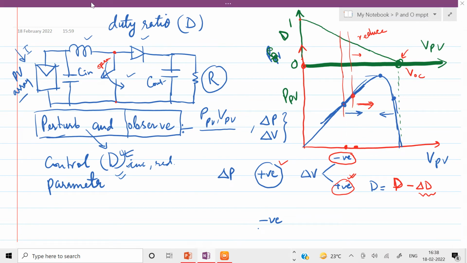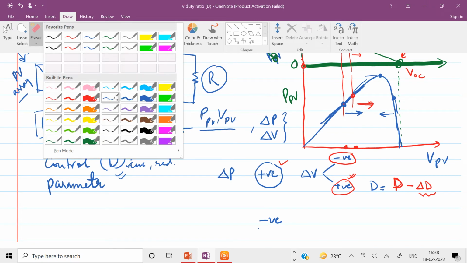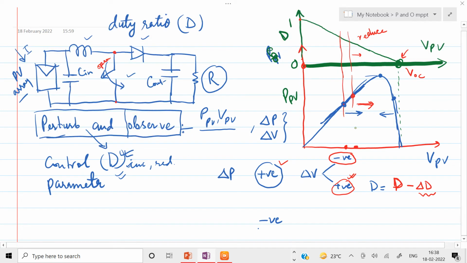And if it is the other way around, that means if delta V is negative, in that case what will happen? In that case, this is V before and this is V after.